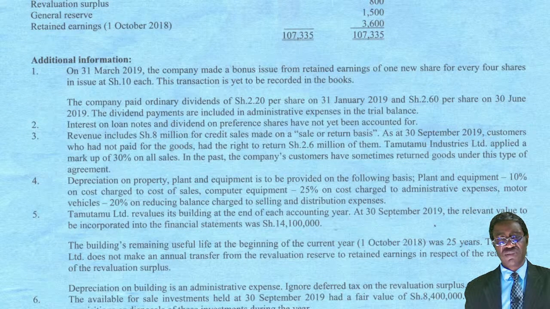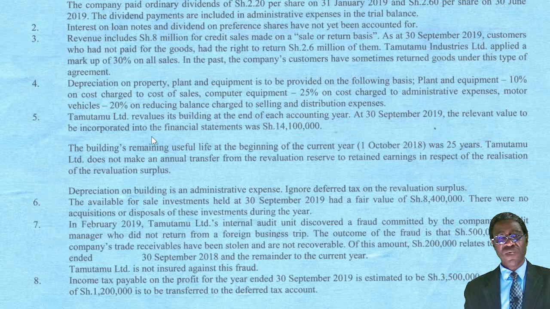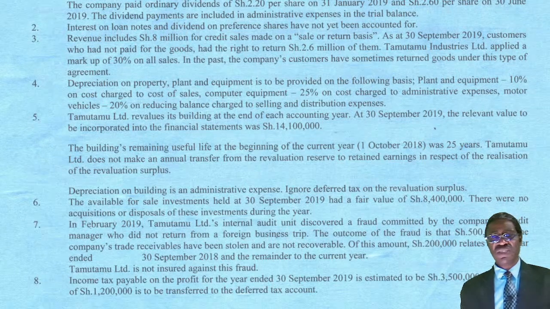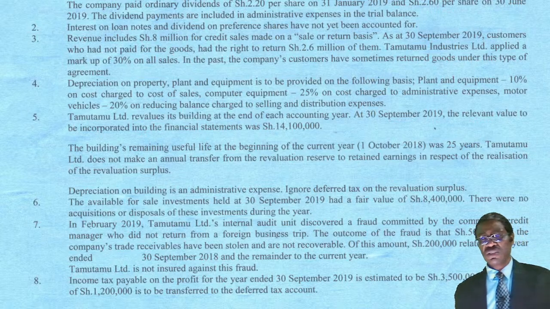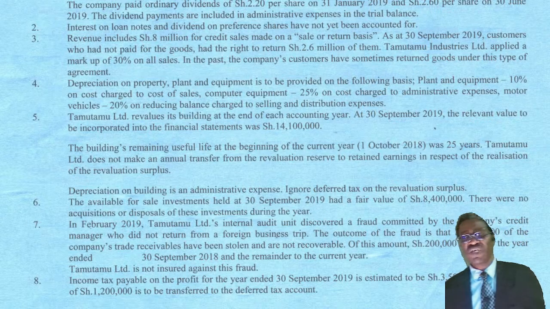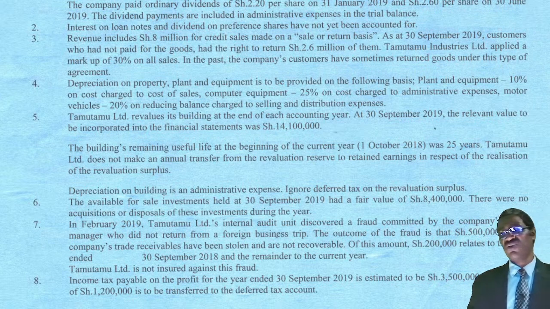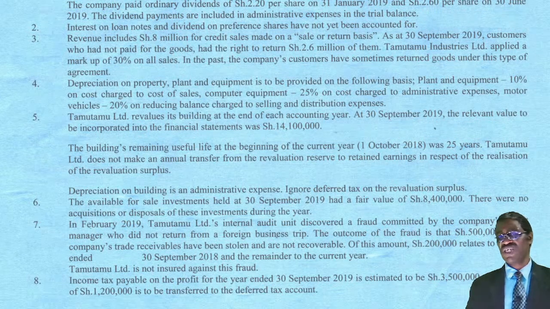Number 6. They are saying the available for sale investment was held as at 30th of September 2019 at a fair value of blah. That's a financial instrument. We shall discuss that.